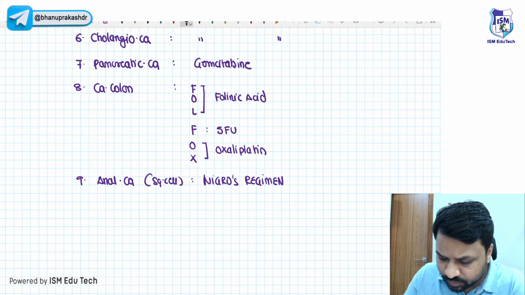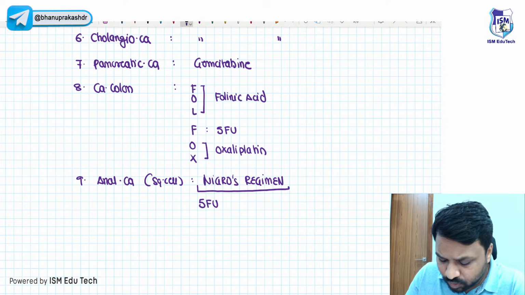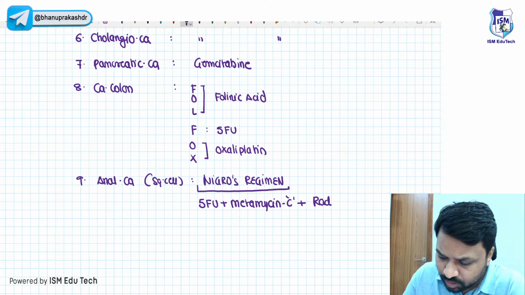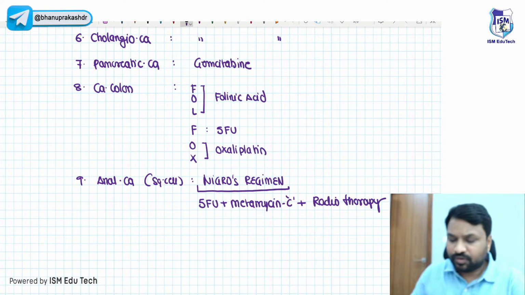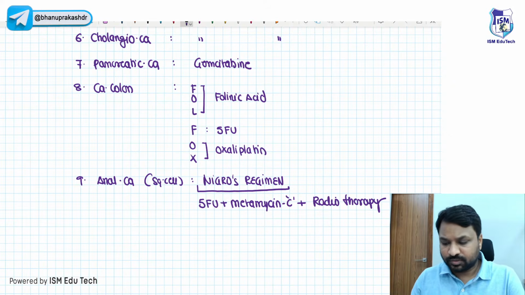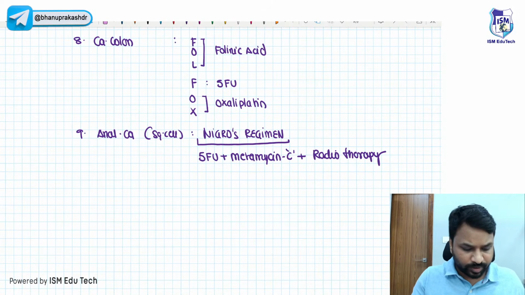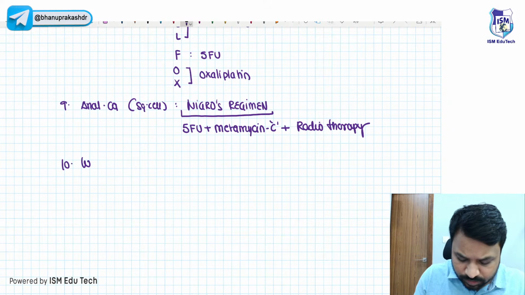So when you have the Nigro regime, it is 5-fluorouracil with mitomycin C with radiotherapy. 5-fluorouracil with mitomycin C with radiotherapy. Then you have Wilms tumor.